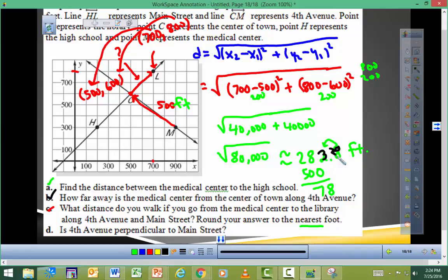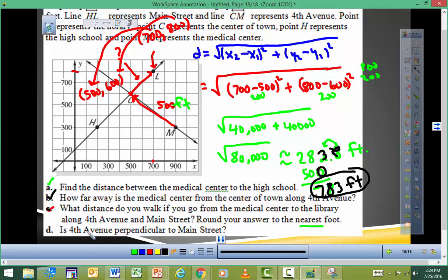So if we add these two together, then we're going to get 783 total feet. Alright, so we found part C. Wow, a lot of work, huh?